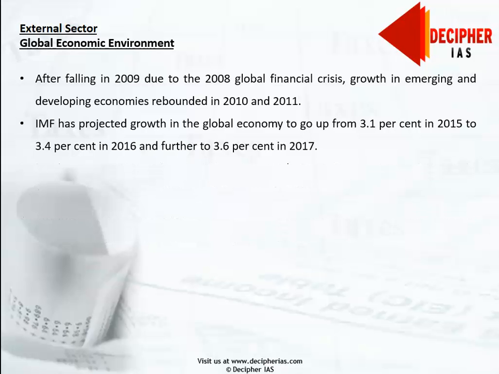So in its latest World Economic Outlook, that is WEO, which was updated and published on 19th January 2016, the IMF has projected the growth in the global economy to go up from 3.1% in 2015 to 3.4% in 2016. And they predicted that it will further go up to 3.6% in 2017.